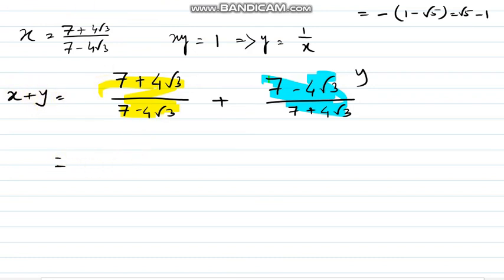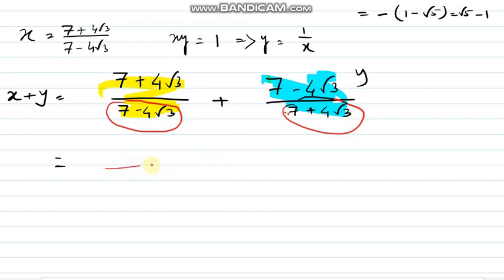So if I need to find out x plus y, just check. What is the rationalizing factor of 7 minus 4 root 3? That is 7 plus 4 root 3, right? And what is the rationalizing factor of 7 plus 4 root 3? That is 7 minus 4 root 3. When you have this type of fraction where the rationalizing factor is there in the denominator of the other fraction, we are not going to rationalize it separately.